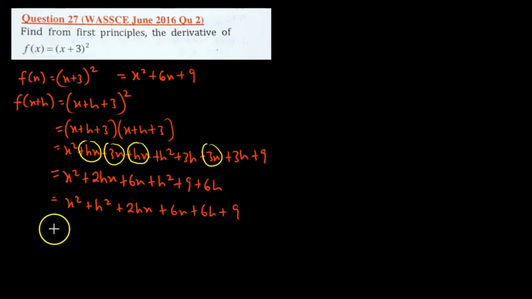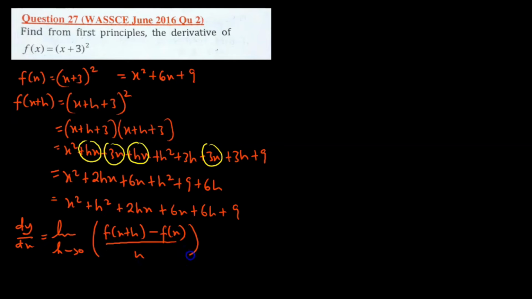So going straight ahead from first principle, then we state dy dx will be equal to limit as h approaches 0 for the function f of x plus h minus f of x all over h. So remember, we are going to substitute.